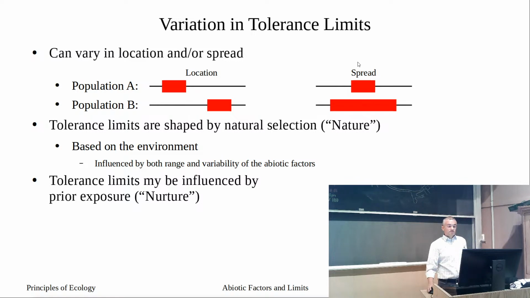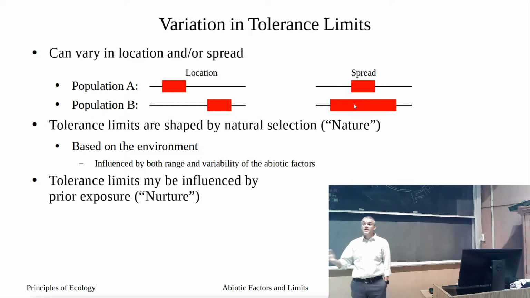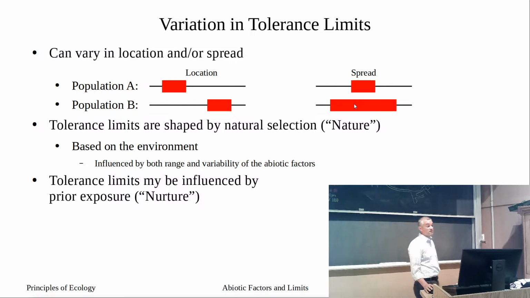Spread is how wide our zones are. All right, so population A has a narrow tolerance zone, population B has a wide tolerance zone. Again, same species, just two different populations. Now, what does the spread tell us? What could inform us about that environment? Well, perhaps population B experiences a much more variable environment, a much wider range of environmental conditions, and that's why its tolerance zone is so wide.